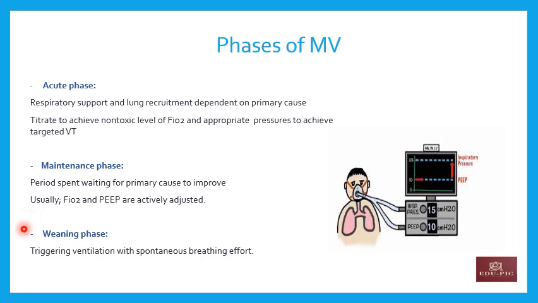Then, once the patient is improving and the main cause of intubation has improved, we reach the weaning phase, where we will discuss how we can do a slow weaning process according to the cause. At this stage, the patient will start to trigger the ventilation and have spontaneous breathing efforts.